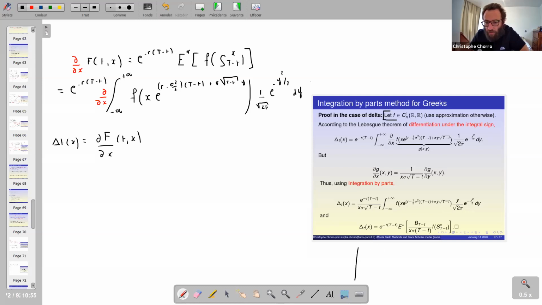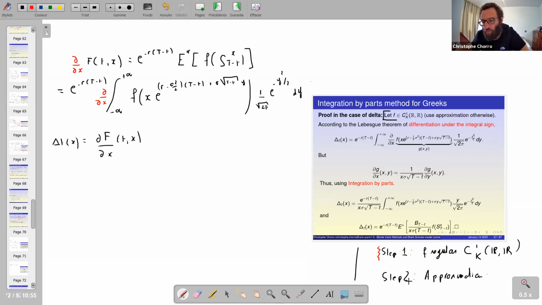Step 1, f regular, and for me, regular will mean C1 with compact support. Step 2, approximation: you approximate your f by mappings that are regular in this sense, and you can pass to the limit without problem. Here, what I will do is step 1 to show you that it works.